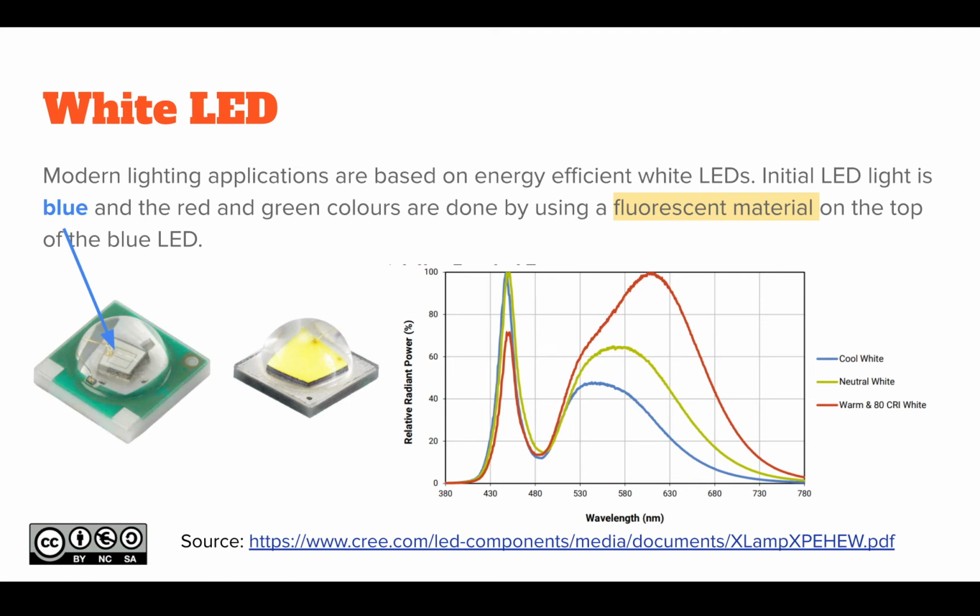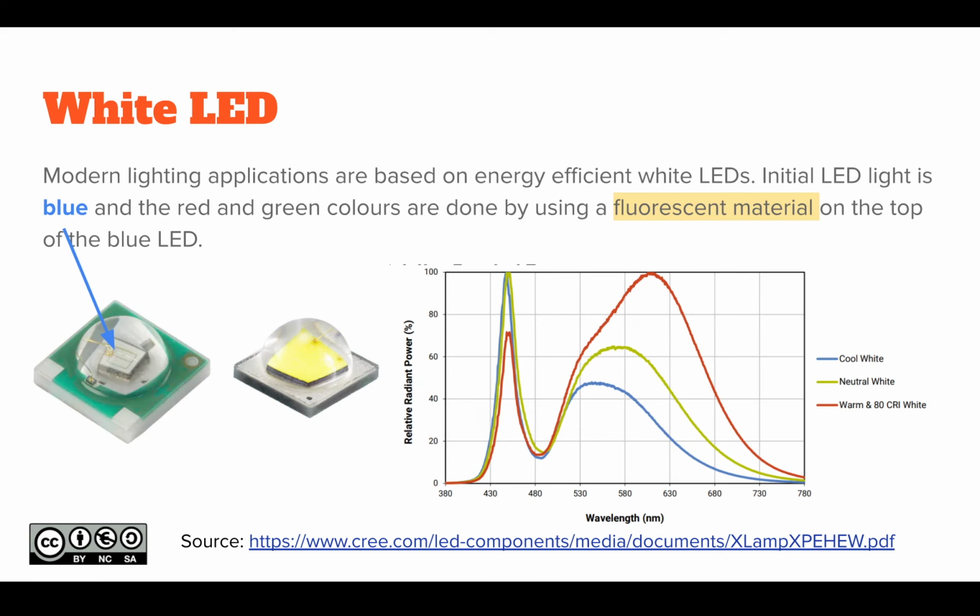And in white LEDs, the LED is actually blue, meaning around 450 nanometer blue colored LED, meaning about that 2.7 or 2.8 electron volt drop.